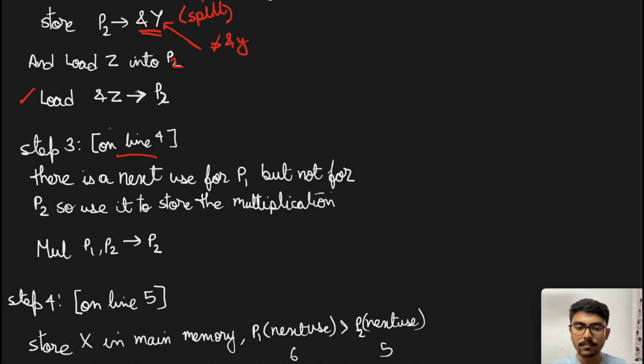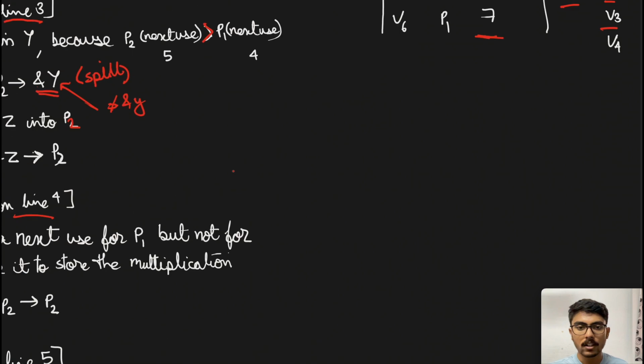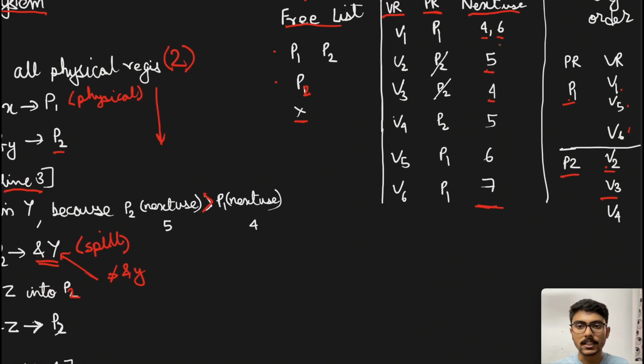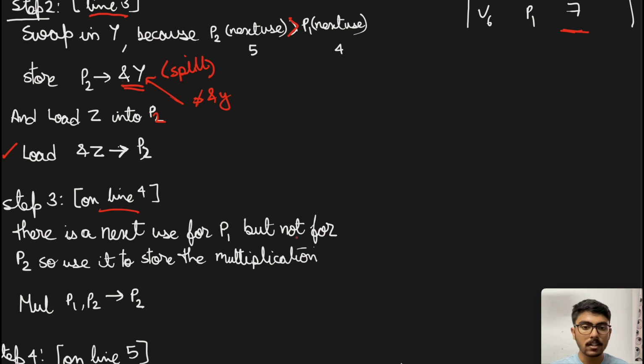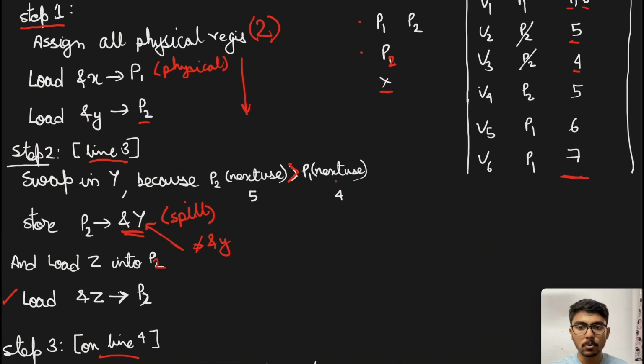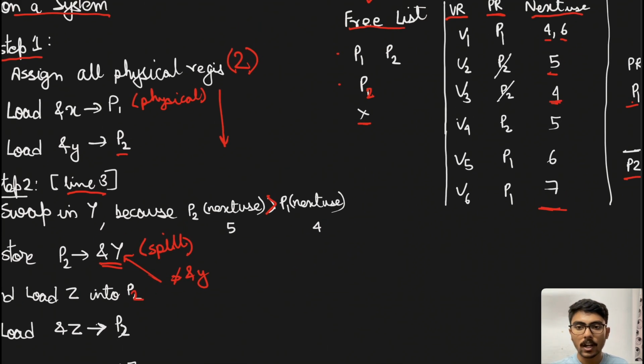So we are in line 4, and the next use for P1 is 6. But for P2, the next use is 4, and we are already standing at 4 and the multiplication has been performed. We are now looking to store the result in some physical register.